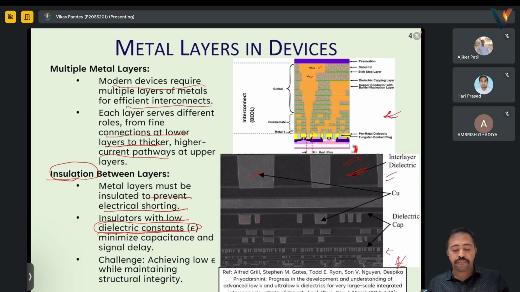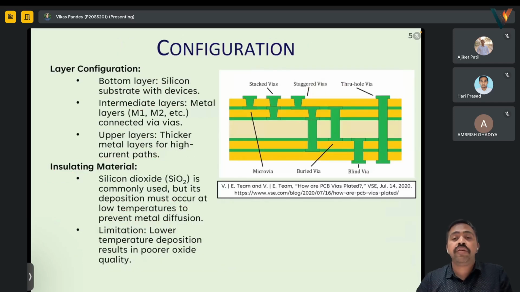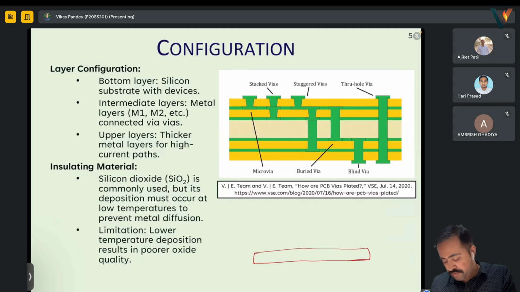So what is the configuration of these metals? The layer configuration is such that the bottom layer is the silicon substrate with devices. As I said, we have our silicon, and then we have some devices using some material we have grown.